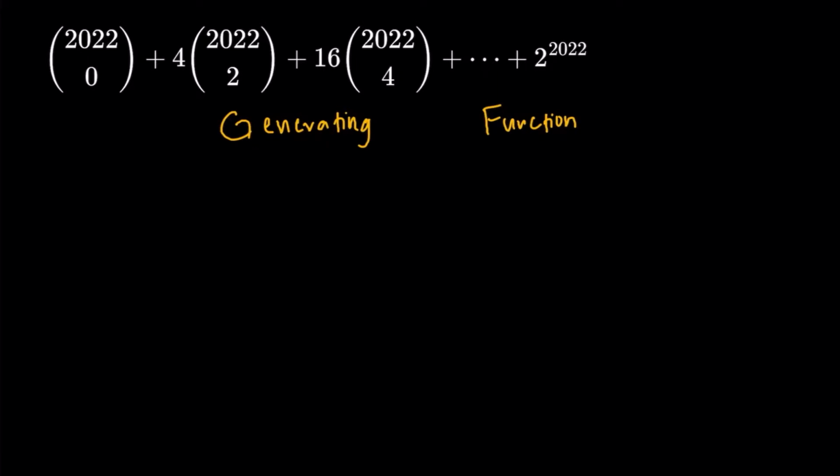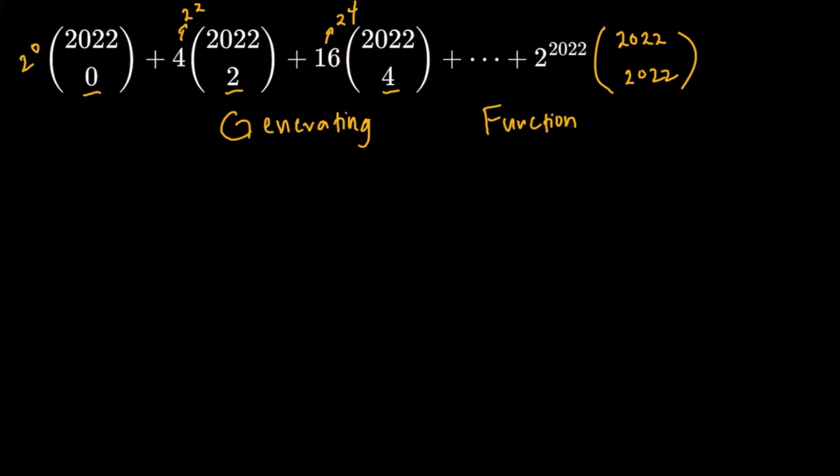Now, based on what's here, I think I have powers of 4, which is essentially powers of 2 as well. And then I think I have a bunch of 2022 choose evens. And well, 4 is 2 squared, 16 is 2 raised to 4. And pretty interestingly, 2 raised to 0, technically, I could add that in here. And then the 2 raised to 2022 can technically be multiplied to this one, I guess.